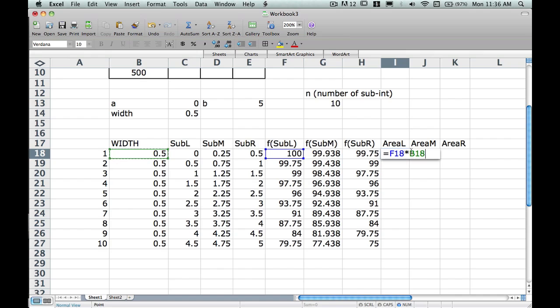And in order to drag this across to the other columns, I'm going to put a $ here to show that this is always going to come from the B column. Then it should drag okay. So the area for that first one is 50. That's coming from 100 as the height and 0.5 as the width. If I drag this over, my other areas are using different heights and the same width.